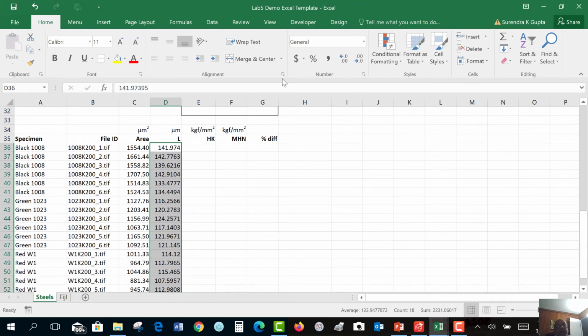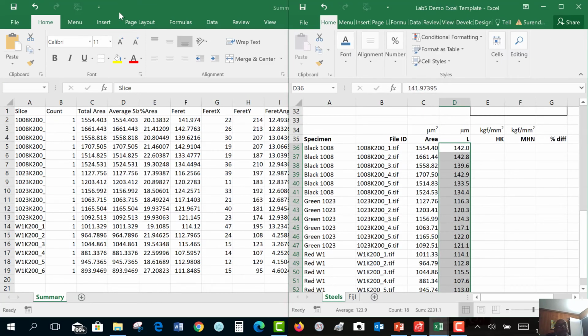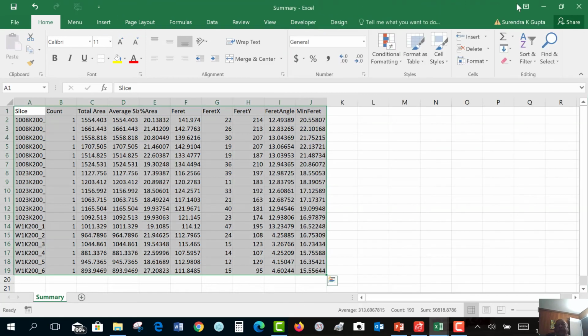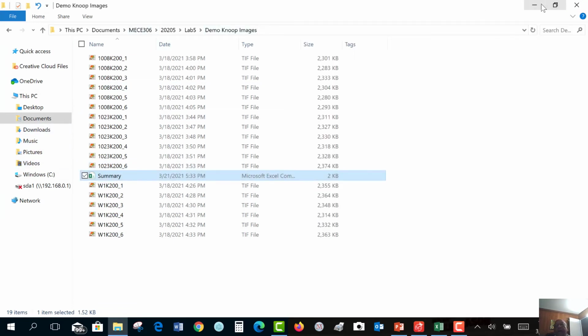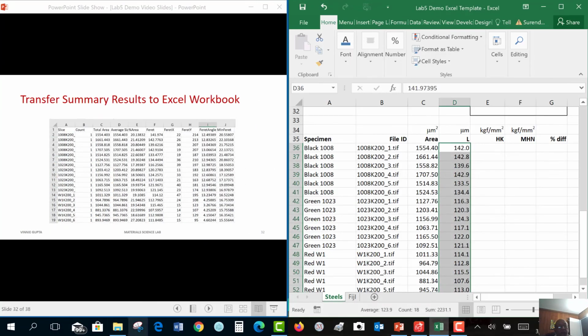So therefore, at best we can measure it to 1 decimal digit. Okay, so let's close this.